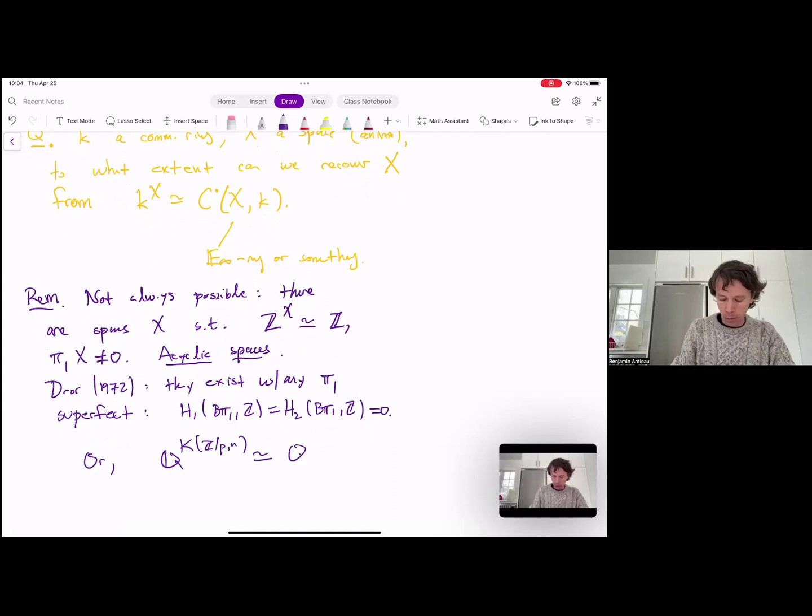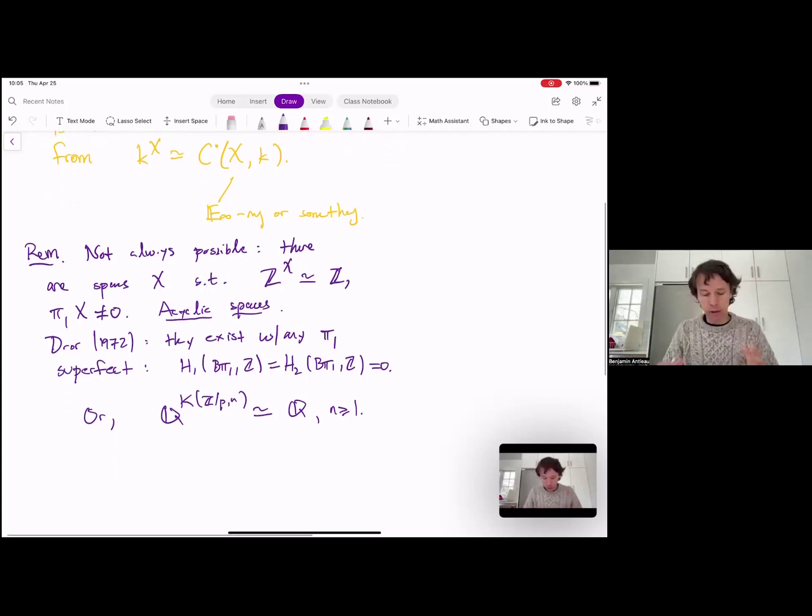And this would also be equivalent to Q for n at least 1. So there's also an interaction between the homotopy groups in the space and the ring that you're taking coefficients in. If they don't talk to each other, then you're also not going to be able to recover what you want.